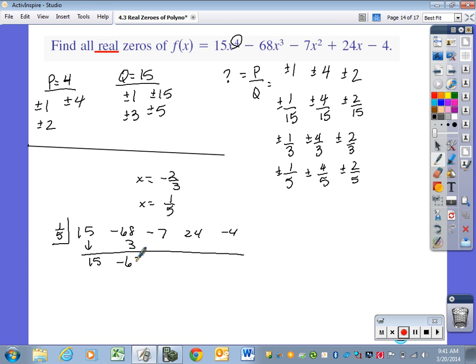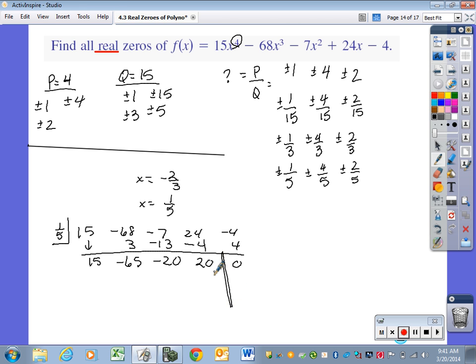Add negative 65. Negative 65 divide 5, negative 13. Add negative 20. Negative 20 divide 5, negative 4. Add positive 20. 20 divide 5, 4, 0. I should get a remainder.